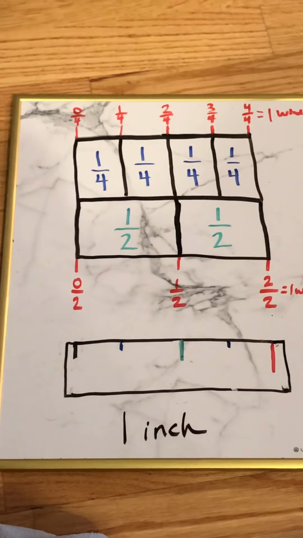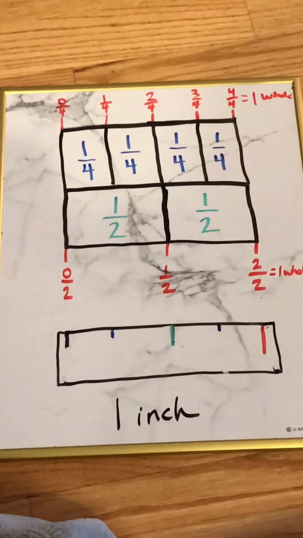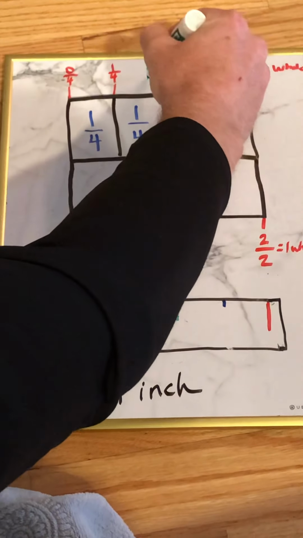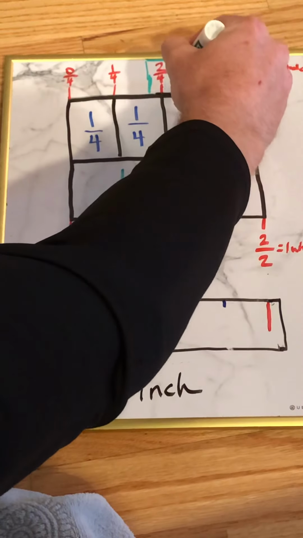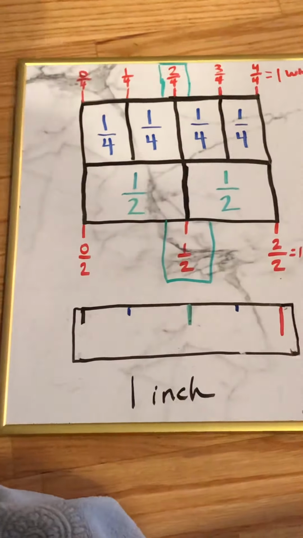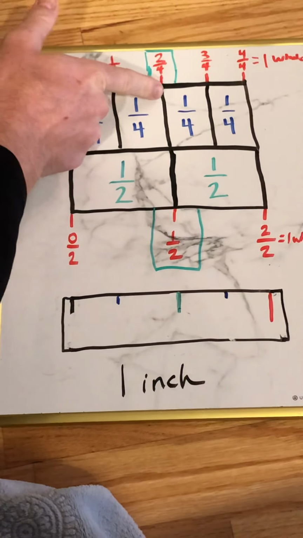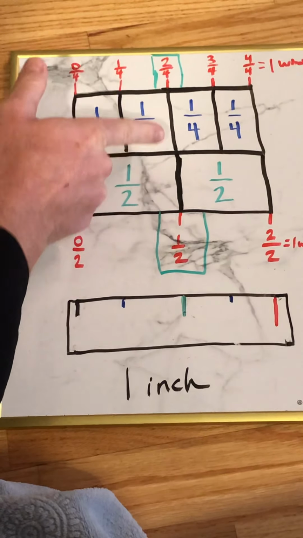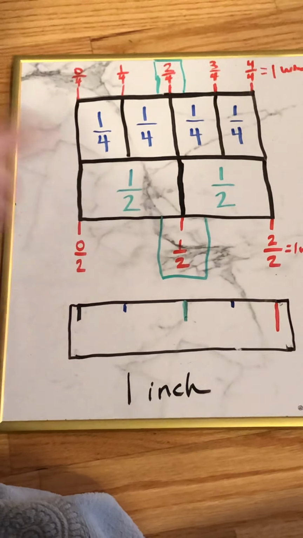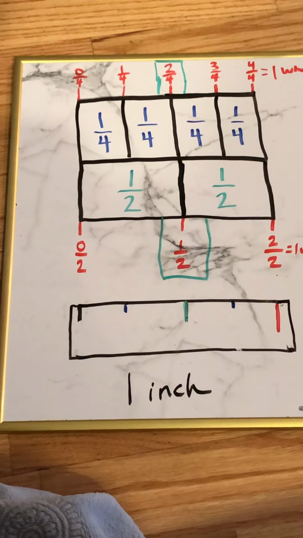Two things that I want you to direct your attention to: 2/4, which I put a green box around, and 1/2. Guys, look, the line goes perfectly straight down. They're in the same spot. What does that tell you?